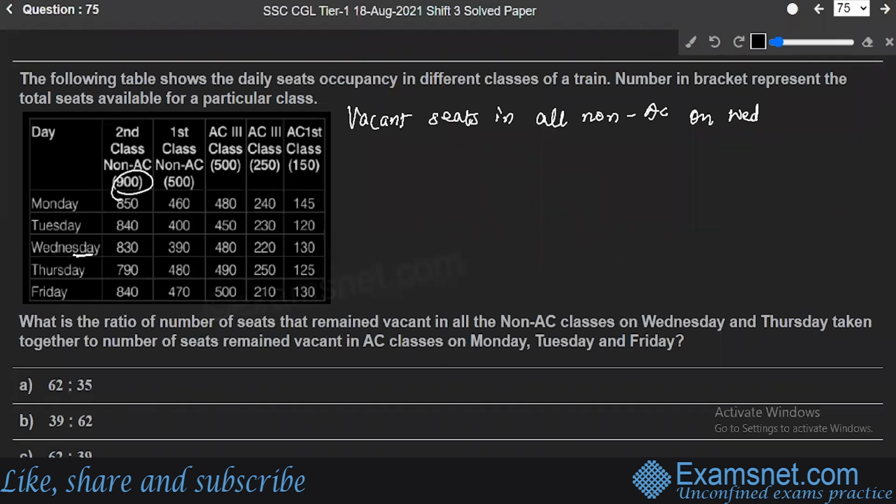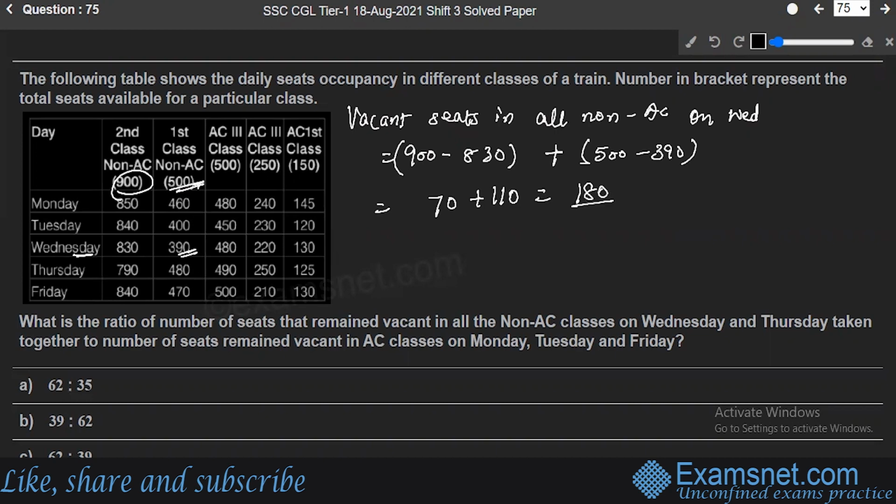On Wednesday, total seats were 900. So 900 minus 830 plus 500 minus 390, which is equal to 70 plus 110. That is equal to 180. Now, vacant non-AC seats on Thursday.